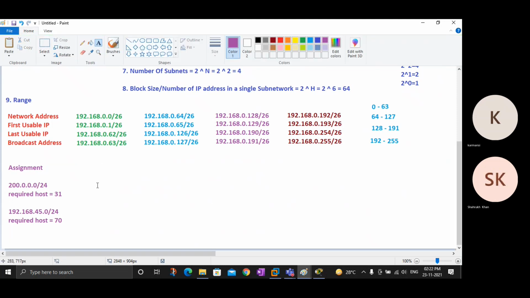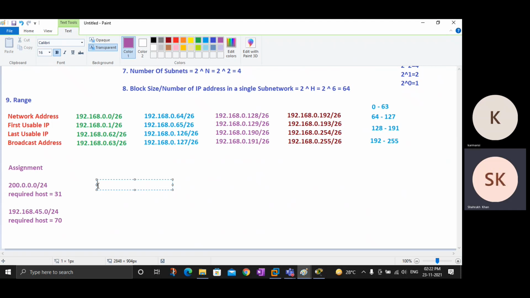The next is 26.0, and the number of subnets that you need to create is 8.